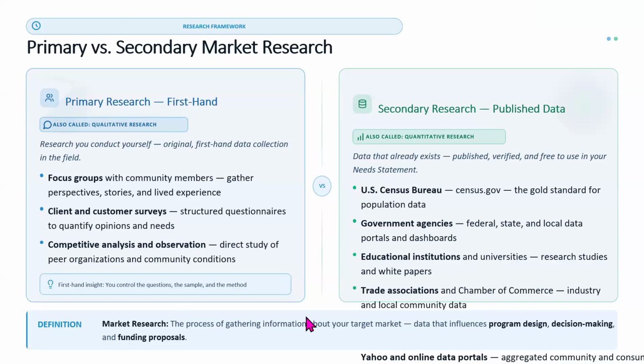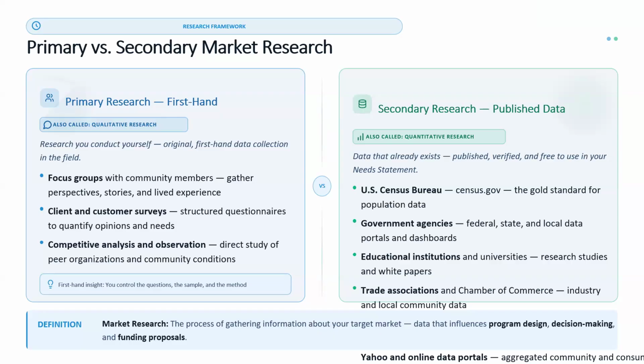We can find this through portals in order to get the aggregated community information we need.